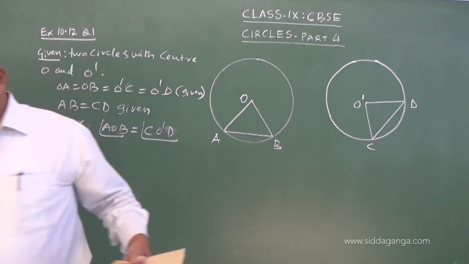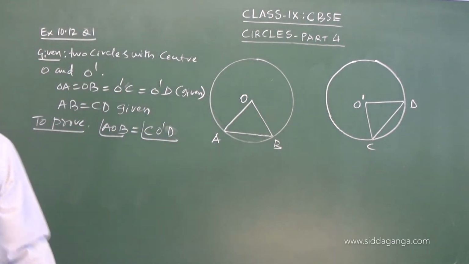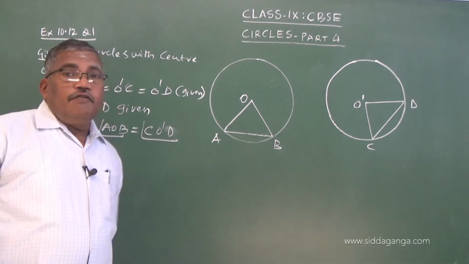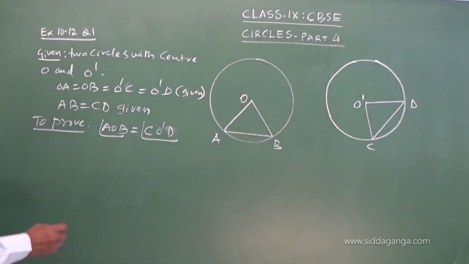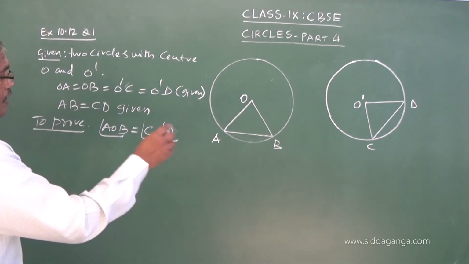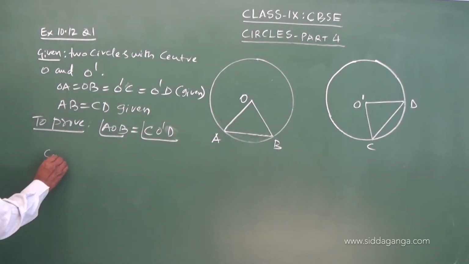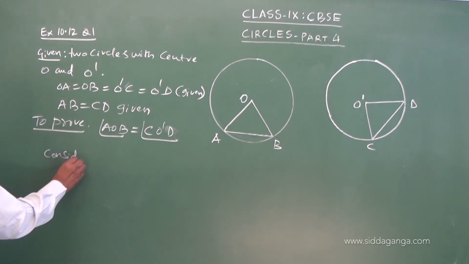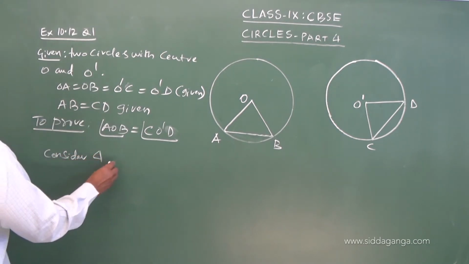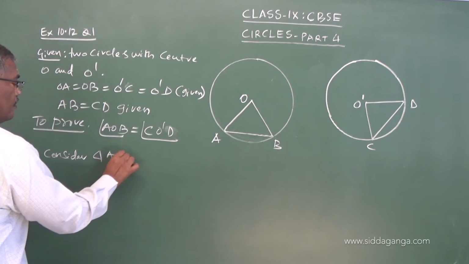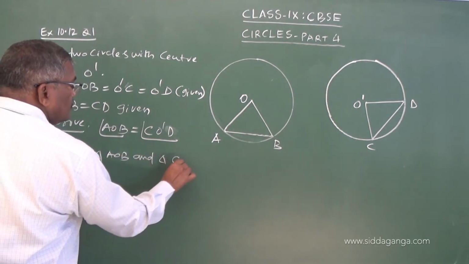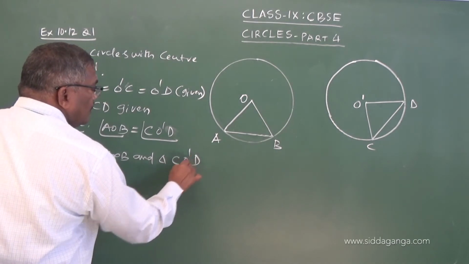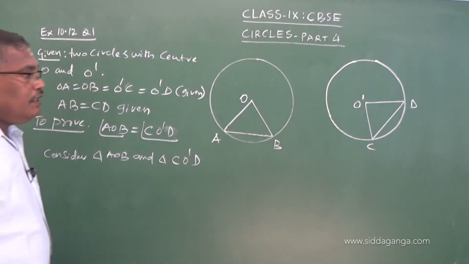So there is not much difference from the theorem which we did earlier. Of course, here we are taking two circles. Now consider triangle AOB and triangle CO dash D. Same procedure.